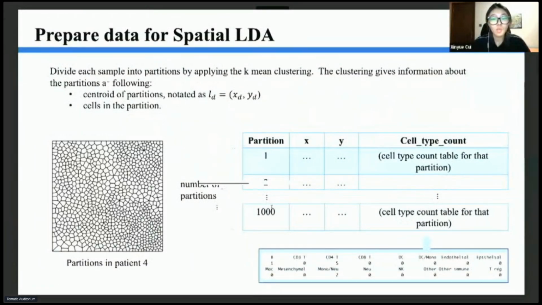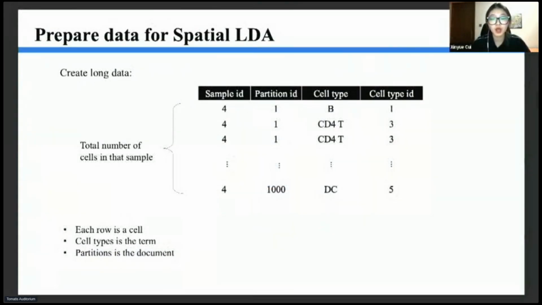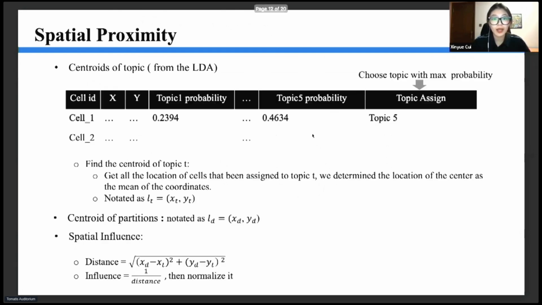After clustering, we transform the result into long data. Each row now represents an individual cell with its sample ID, assigned partition, cell type, and unique cell type ID. We then consider spatial proximity between topics and partitions.